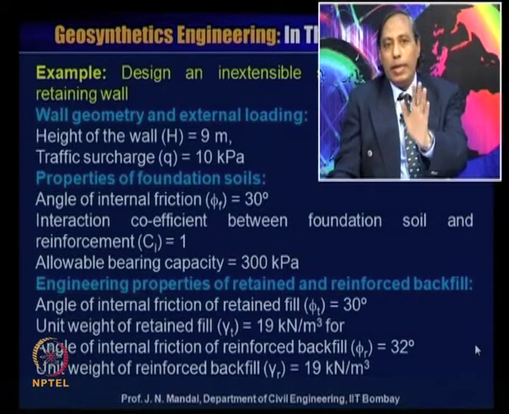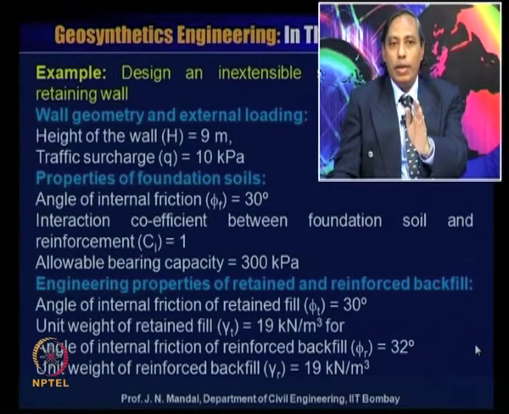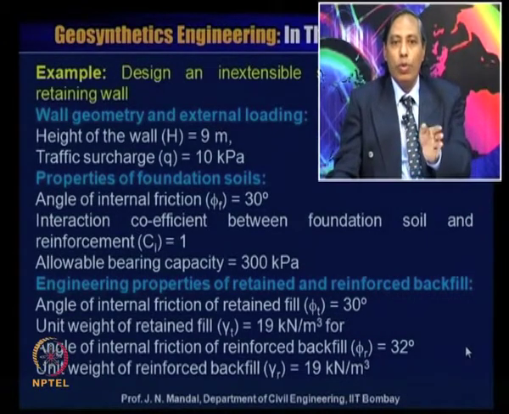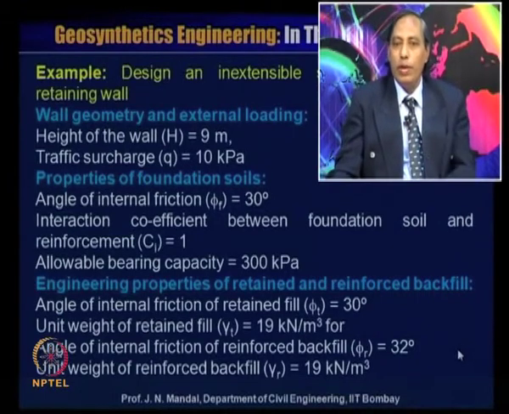These data are given for an inextensible retaining wall. It is given what the wall geometry is and what the properties of the foundation are. That means we should know the properties of the foundation, which is very important, and we should know the engineering properties of the retained and reinforced backfill.